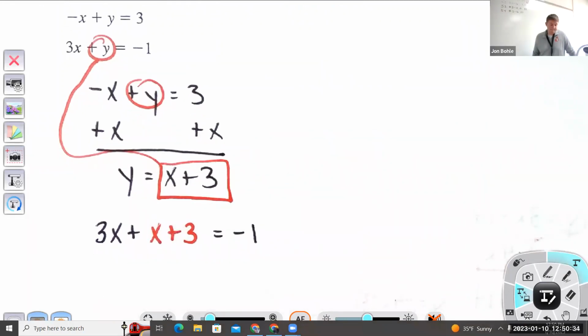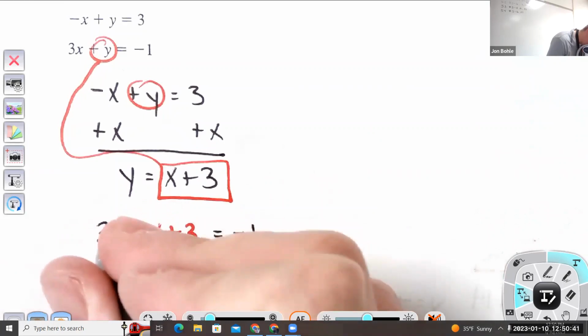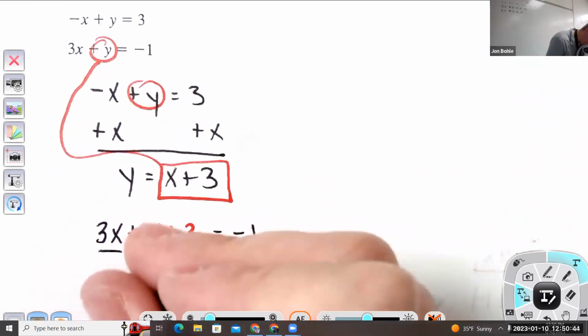All right, what can I do from this point? Combine the x's into 4x's.